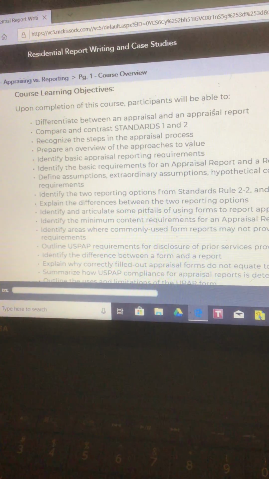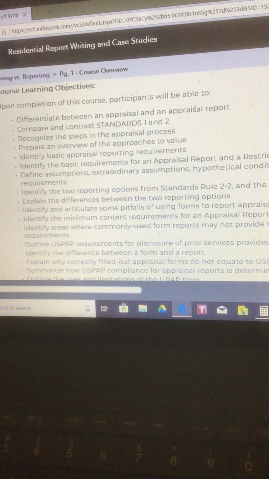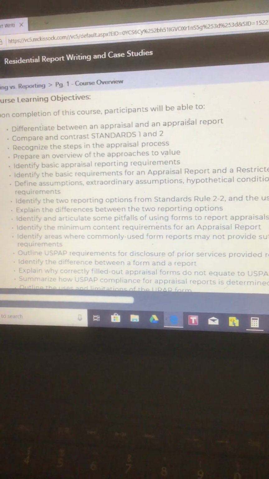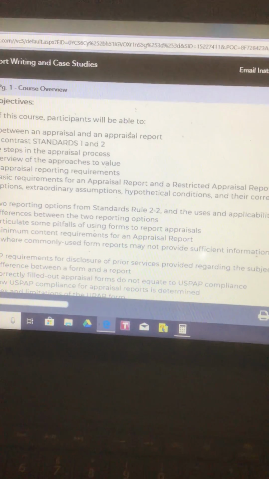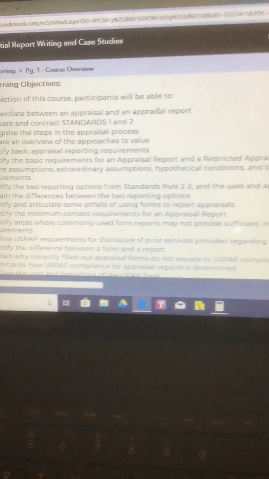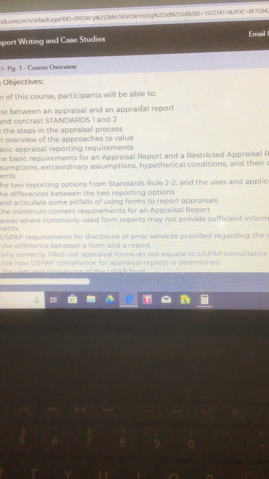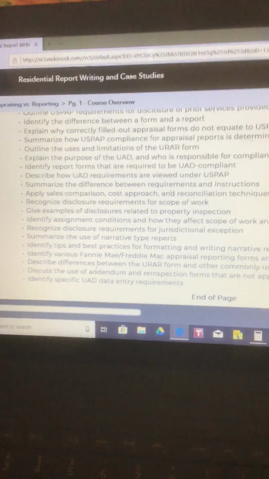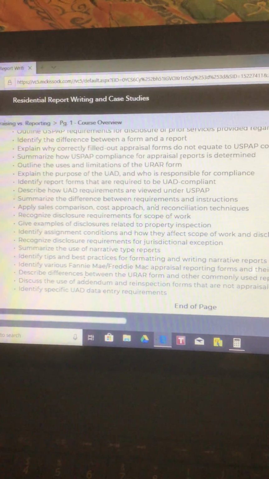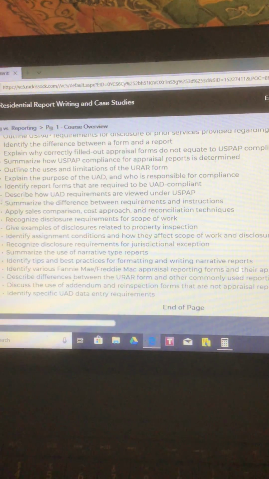Identify the difference between a form and a report. Explain why correctly filled out appraisal forms do not equate to USPAP compliance. Summarize how USPAP compliance for appraisal reports is determined. Outline the uses and limitations of the URAR form.